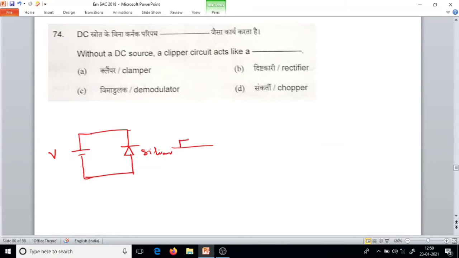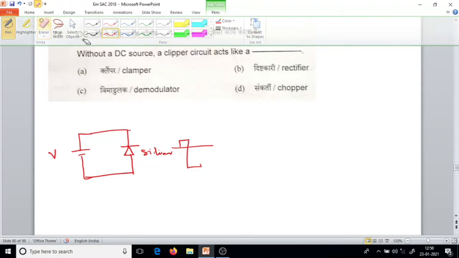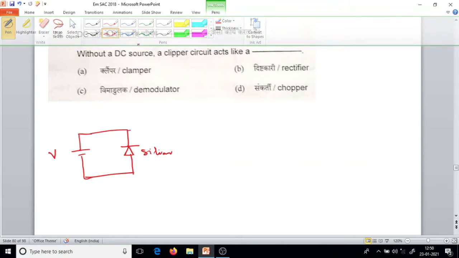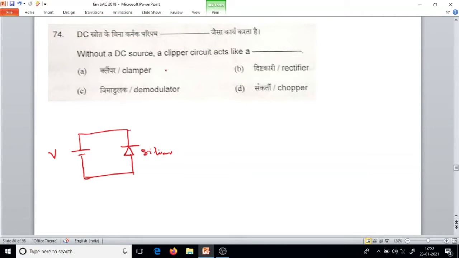Now we will go to the question. Without a DC source, a clipper circuit acts like a. That means he is giving an AC. We'll think that he is giving AC. So this is the AC signal. So how will the output look? During the positive half cycle, the top will be plus and bottom will be negative.